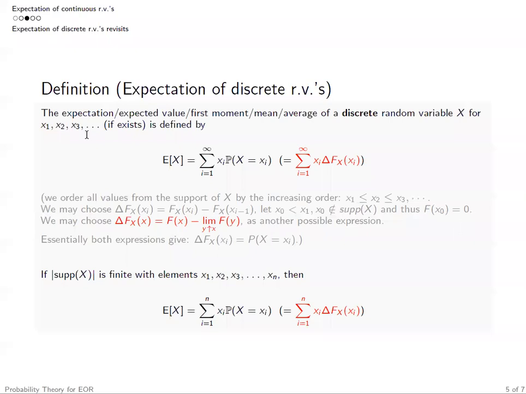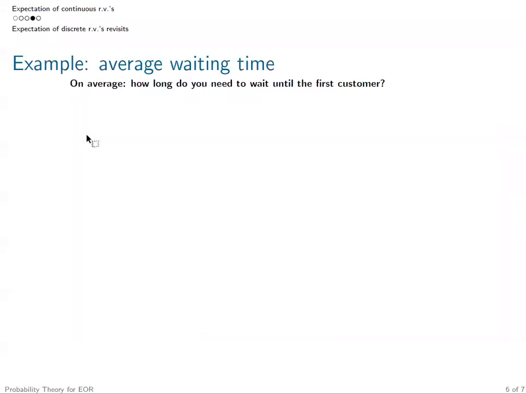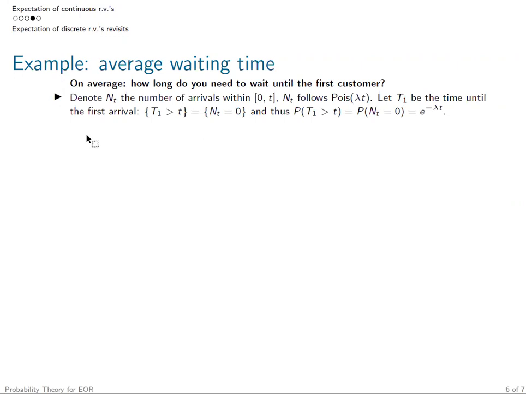Let's take a look at one example: calculating the average waiting time. How long do we need to wait until the first customer? Let N(t) be the number of arrivals within time 0 to t, and N(t) follows a Poisson distribution with rate lambda t. Let T1 be the time until the first arrival. Then the event T1 larger than t is equal to N(t) equal to 0.